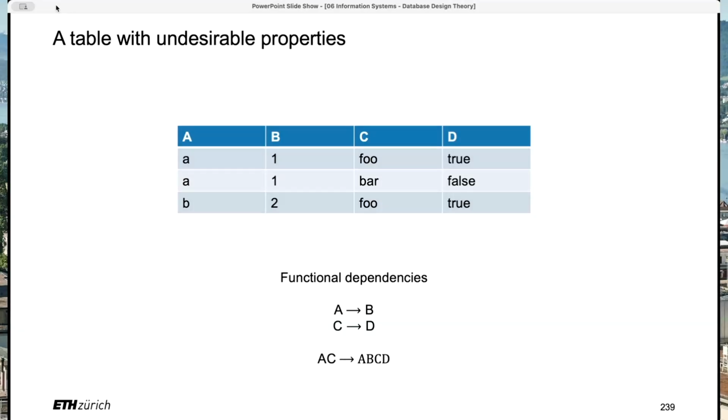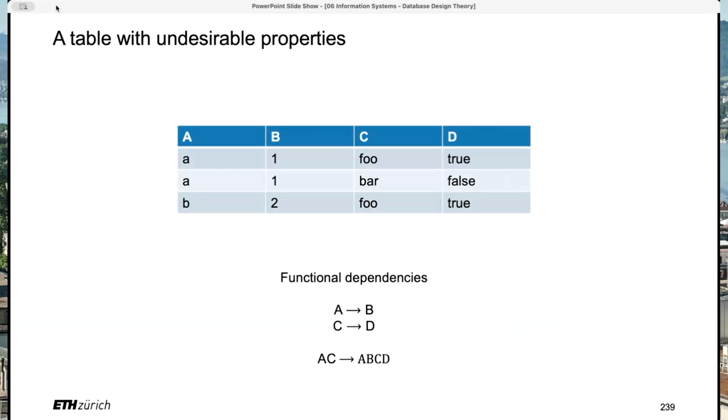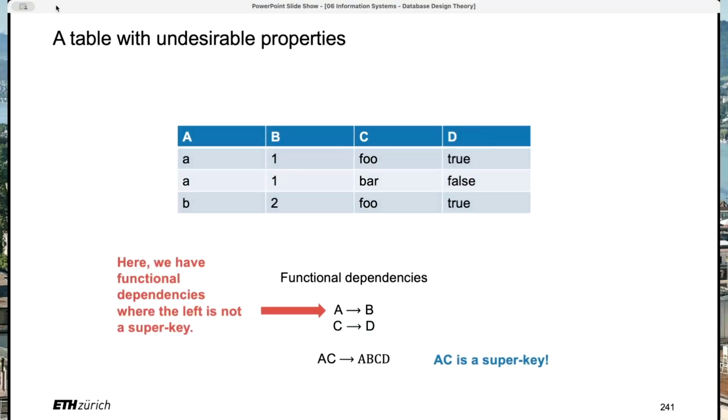But let's come back to AC, because AC is a super key, and this is what I wanted to look at here. Do you agree that for the two dependencies above, A determines B and C determines D, A alone is not a super key? Who agrees that C alone is not a super key?